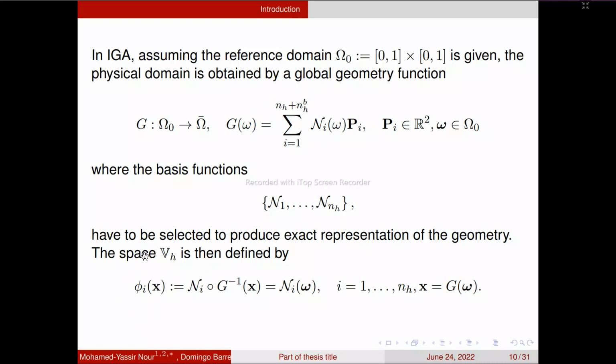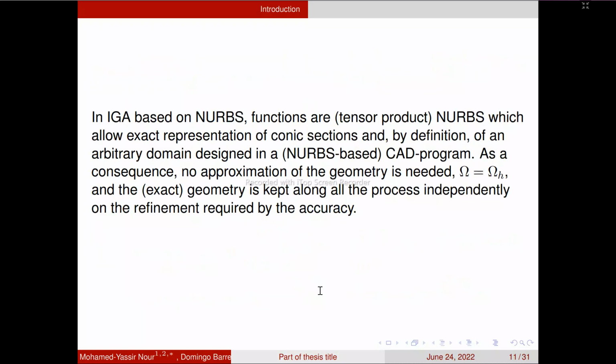And the function that we find at last is the basis with the inverse of the geometry, which is written like that.